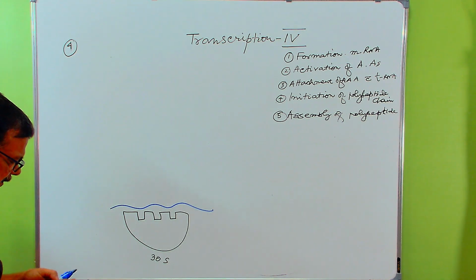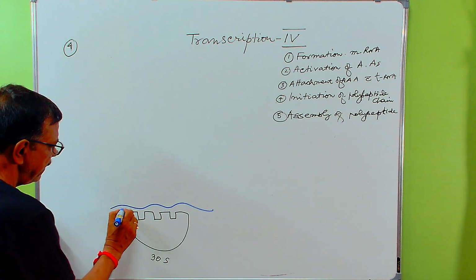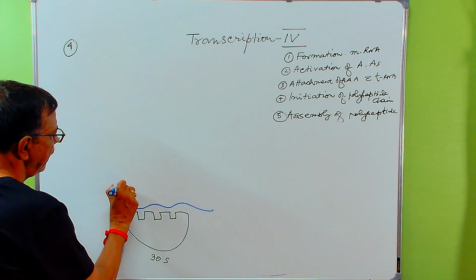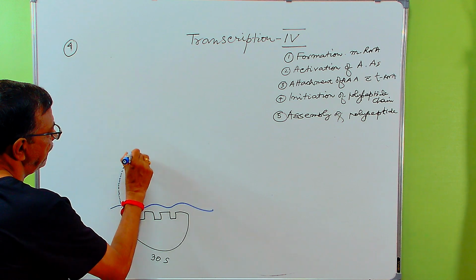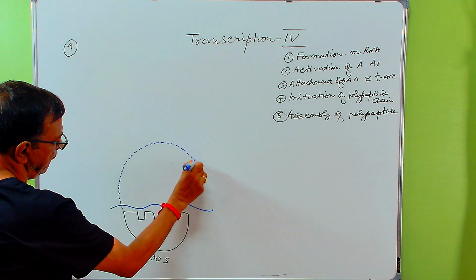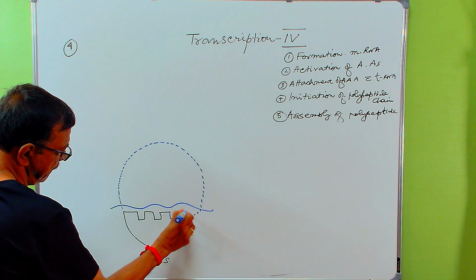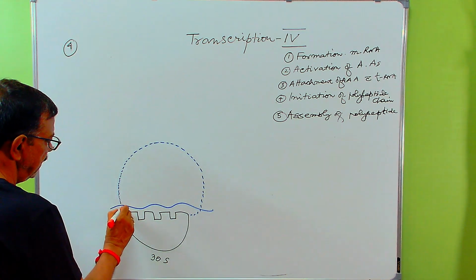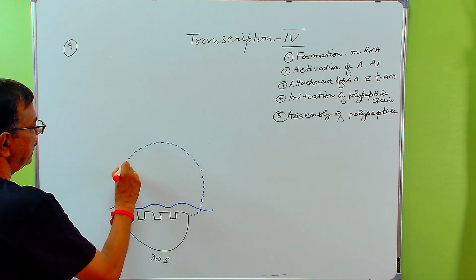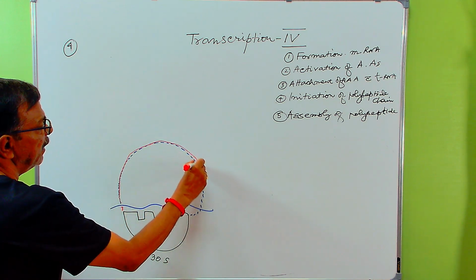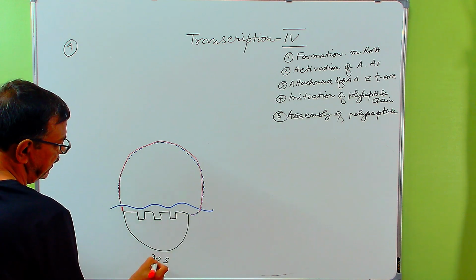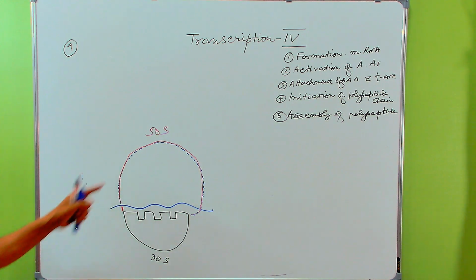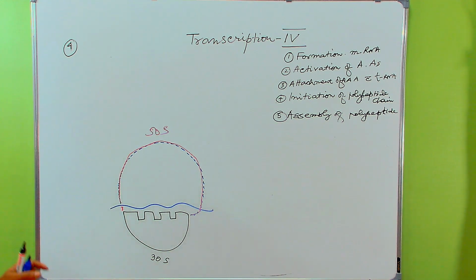Now this is the bigger subunit, 30S, and this is say 50S or 60S, as the case may be.